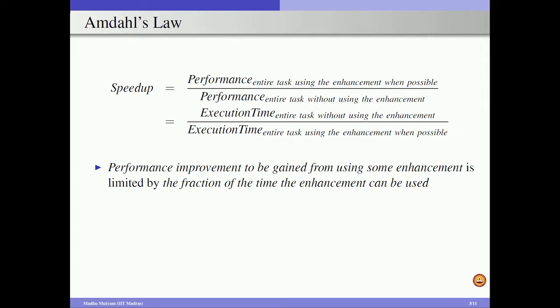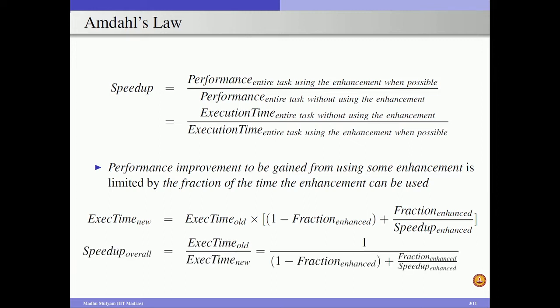So this Amdahl's law can be expressed as the speedup achieved because of the enhancement applied and the fraction of time the enhancement is possible, which is nothing but 1 by 1 minus fraction of the time the enhancement is applied plus fraction of time enhancement applied by the speedup achieved because of the enhancement.